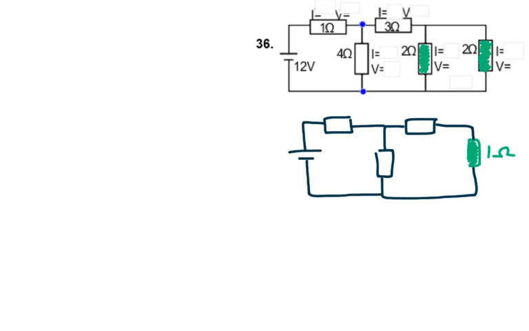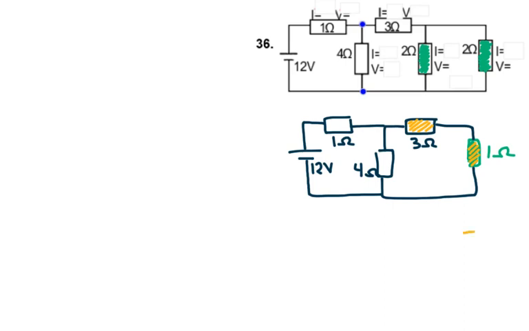So let me write their values right here. So 12 volts, 1 ohm, 4 ohm, 3 ohm resistor, and 1 ohm resistor for the last one. Then this 3 ohm resistor and the 1 ohm resistor are now in series.